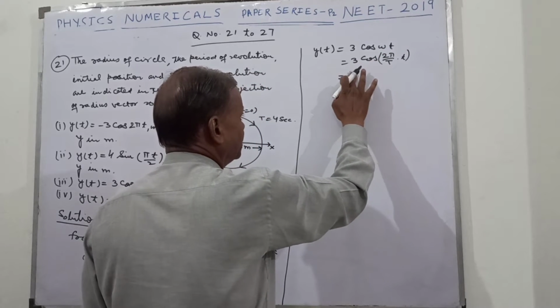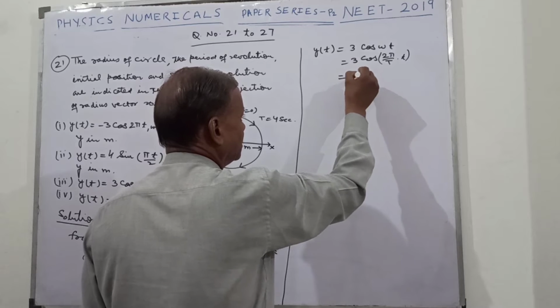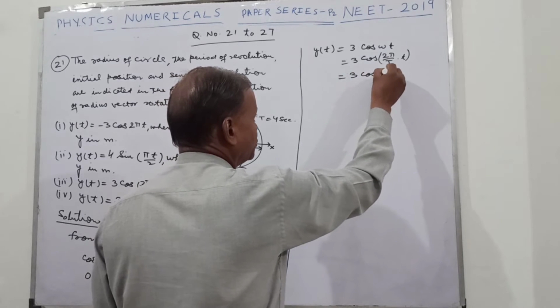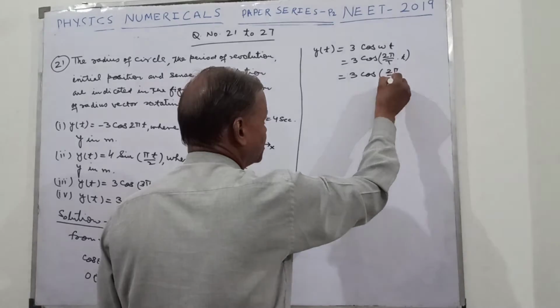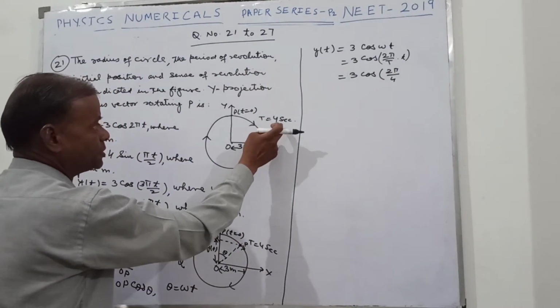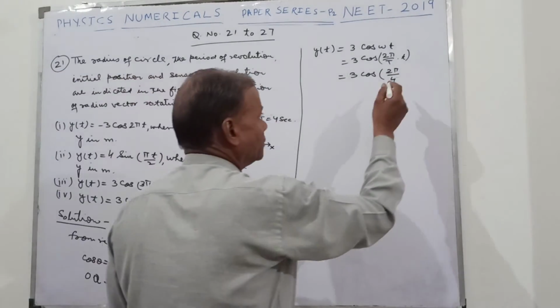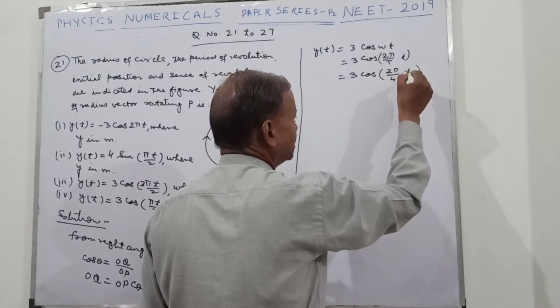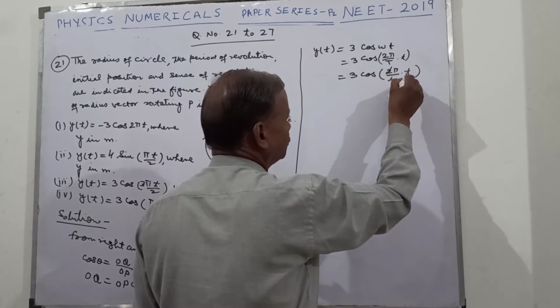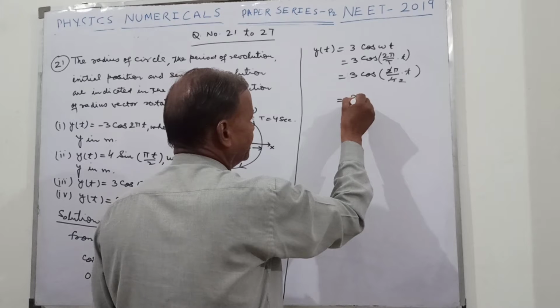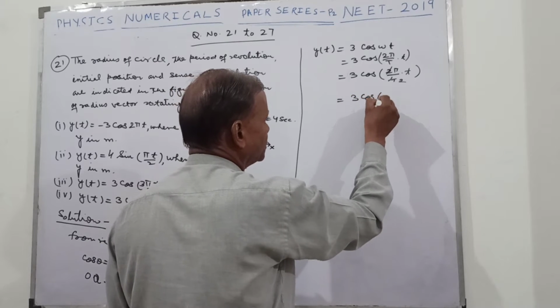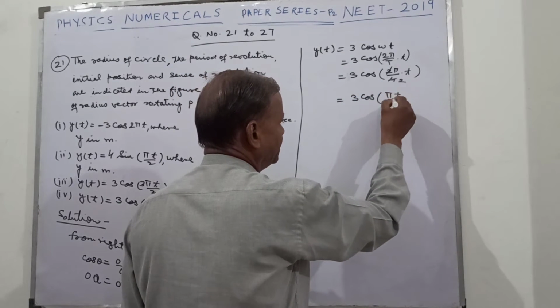This is 3 cos(2π/T · t), where T is given to be 4 seconds. So 4 into t, and the 2 cancels, so we have 3 cos(πt/2).